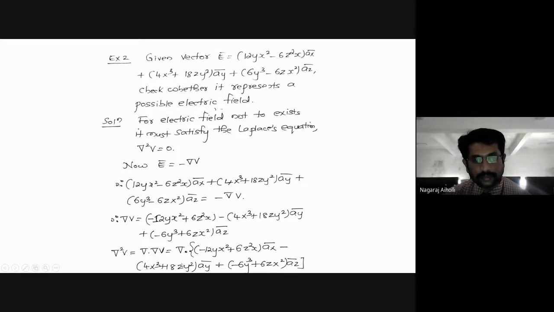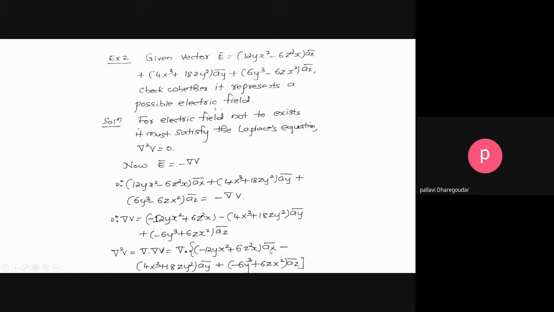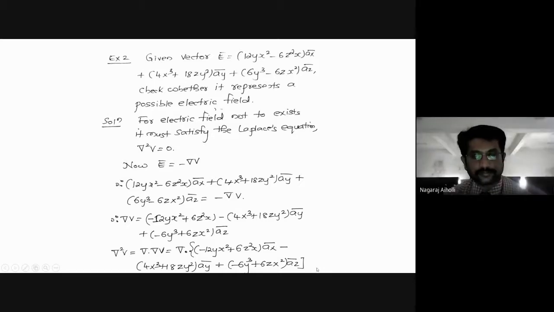For example, here this is minus, so if I take it inside, it will be minus 4x cube, this will be minus 18zy square. Inside, outside it will be plus. Correct? I can write it in terms of ax bar plus ay bar plus az bar. Correct? Following, right, Pallavi? Yes, sir. Okay. Take down up till this step.